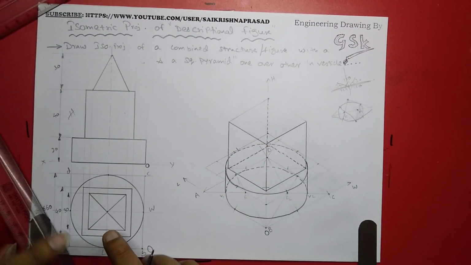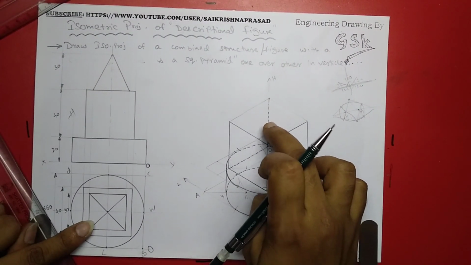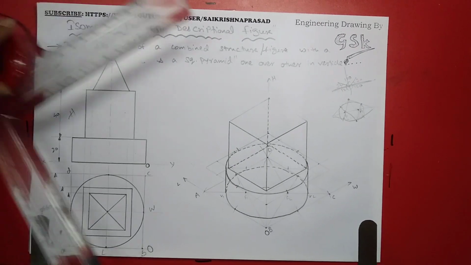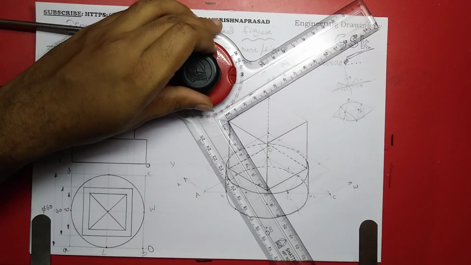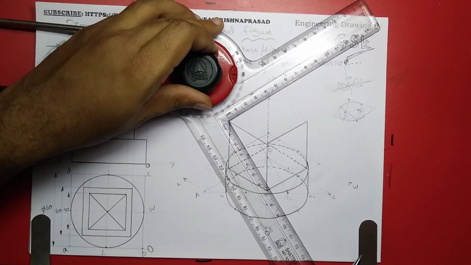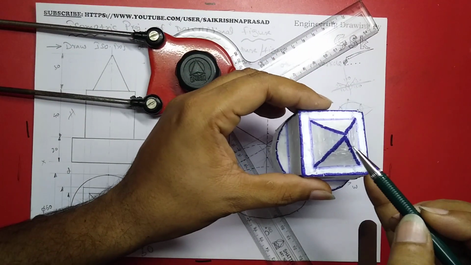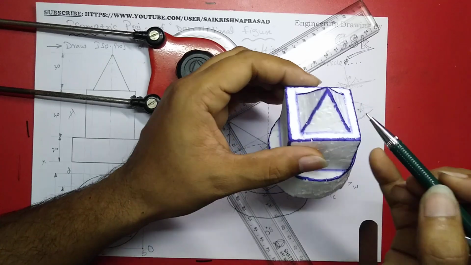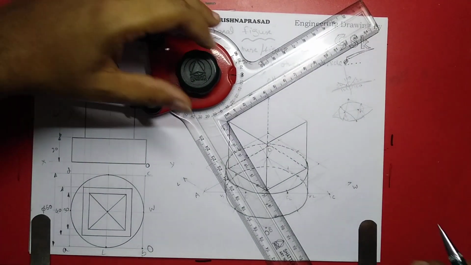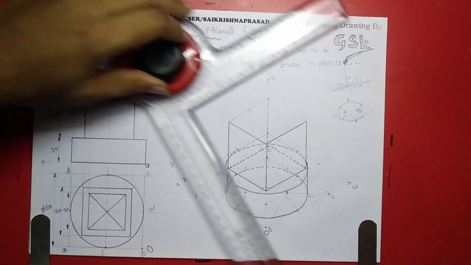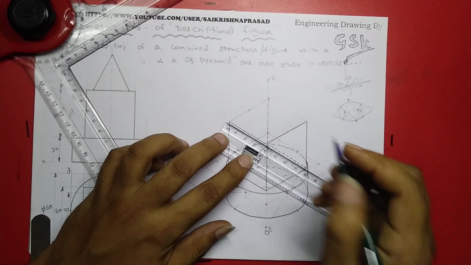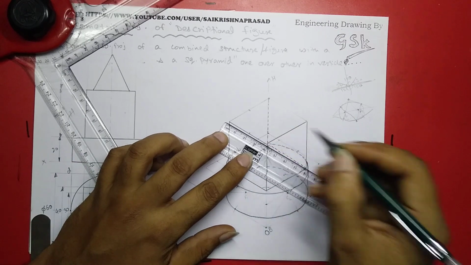Next I have to place the square pyramid onto this, right? For getting the square pyramid, I have to find the center of the object, because from the center only I have to draw this apex point. 42, 42.